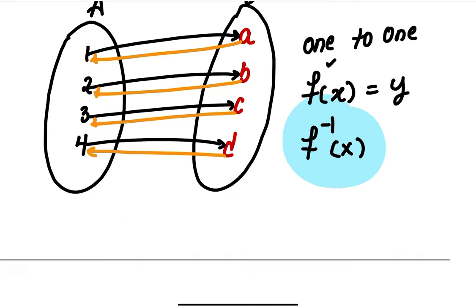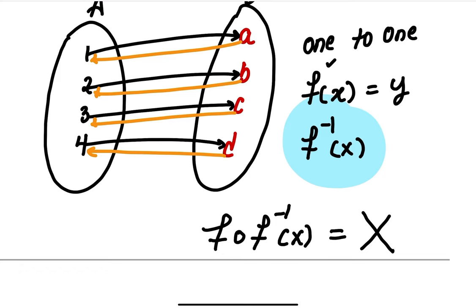Now, how do I know if the functions are inverses of one another? Remember compositions? f of f inverse of x. If I compose two functions and I end up with the value x, that means these two are inverses of one another. Don't worry, we'll do one step at a time.